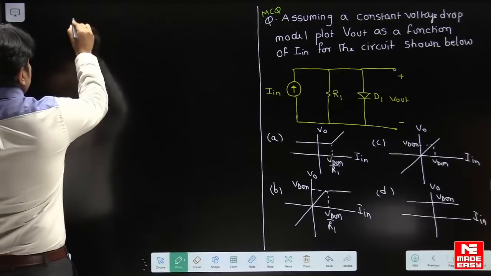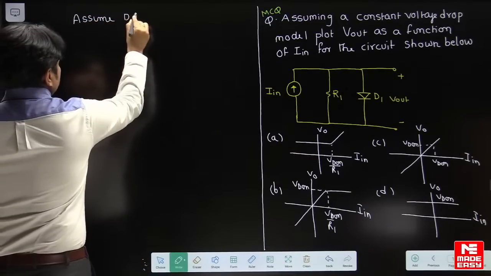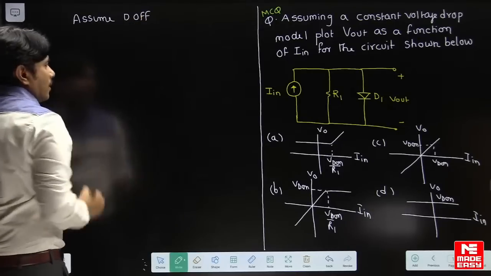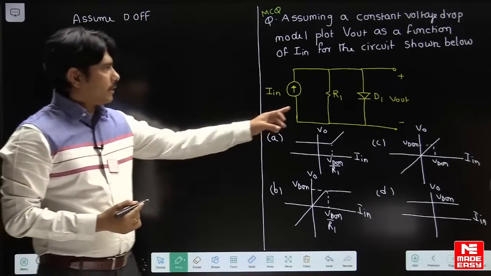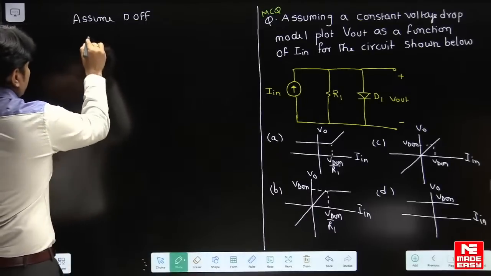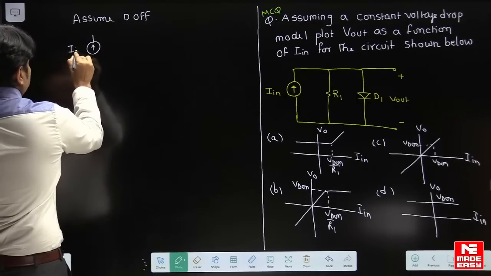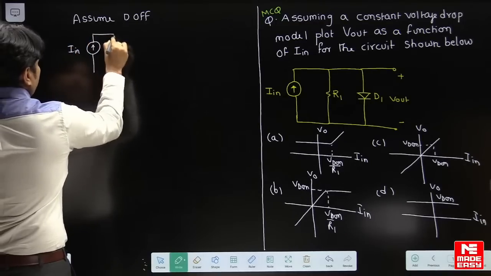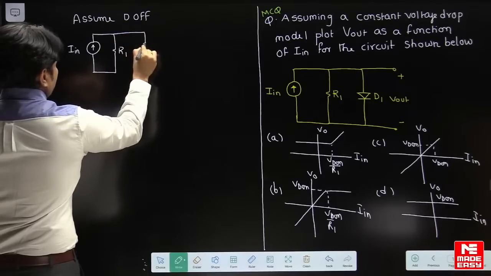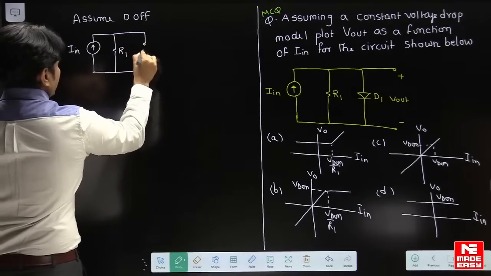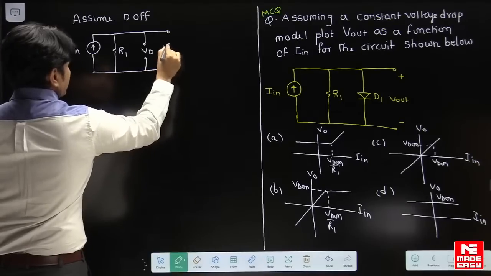So assume diode is off. Always in clippers use this method, diode is off I have taken. If you take diode off, the circuit looks like this. This is the current source IIN, and we have a resistance here R1. Simply make the diode open with some voltage called VD, and this will become your output.